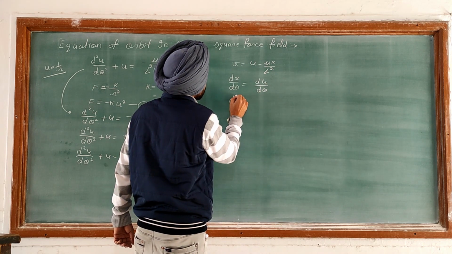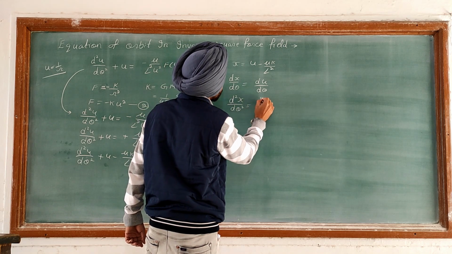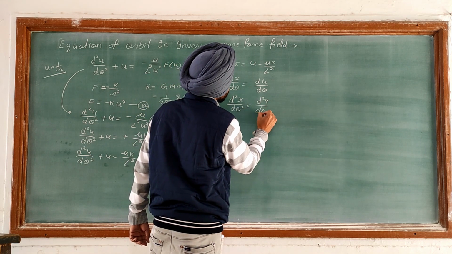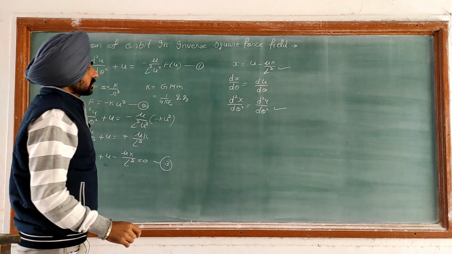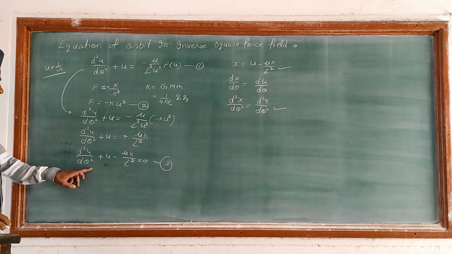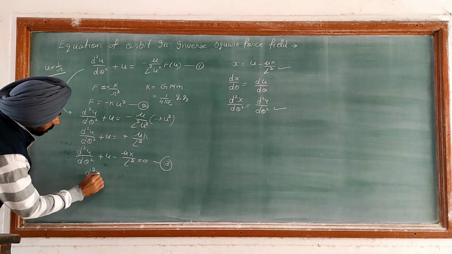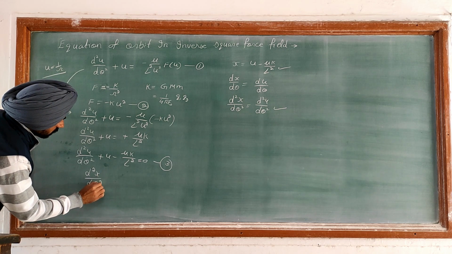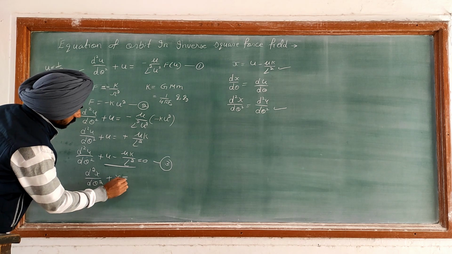The double derivative d square x upon d theta square is d square u upon d theta square. So we substitute these two values, x and d square x upon d theta square, in equation 3 and we get d square x upon d theta square plus x is equal to 0.